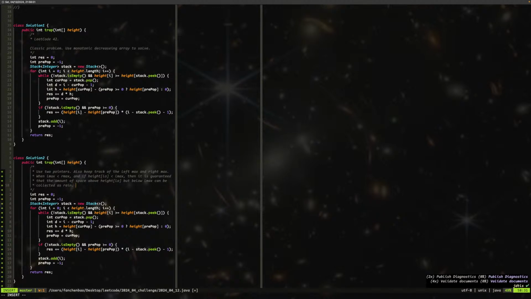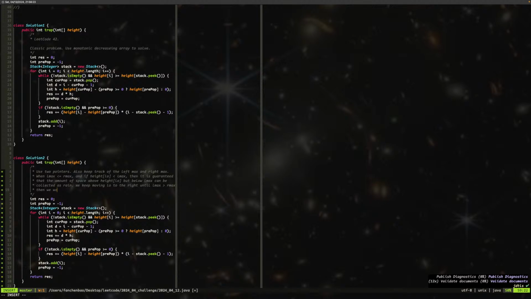All right, we keep moving low to the right until left max is larger than right max. Equal works as well, so we're gonna do the equal here, right?